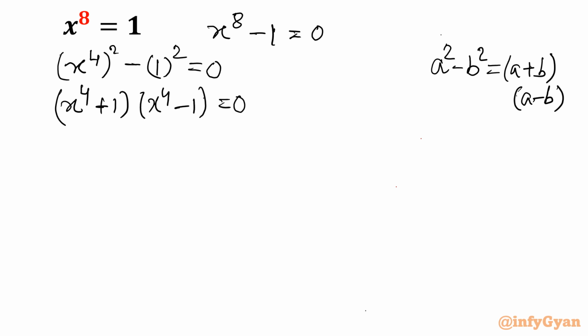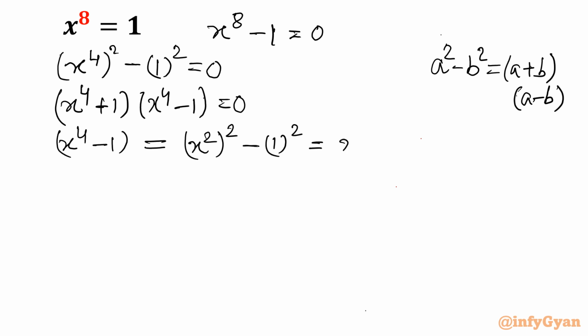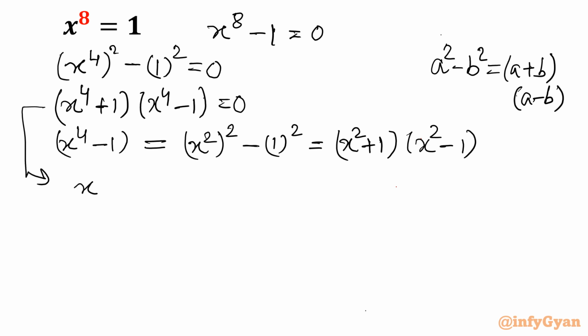Now let's solve x power 4 minus 1 first. So x power 4 minus 1 I am solving separately. That would be x square whole square minus 1 whole square. Again same thing, a square minus b square formula, a plus b, a minus b. So that means our original equation will convert to x power 4 plus 1, x power 2 plus 1.